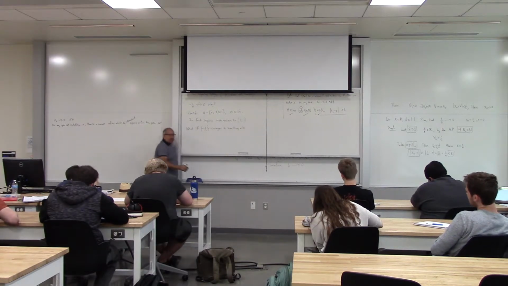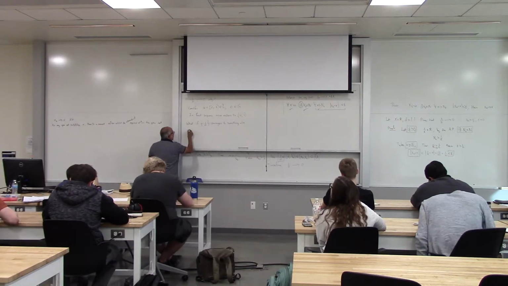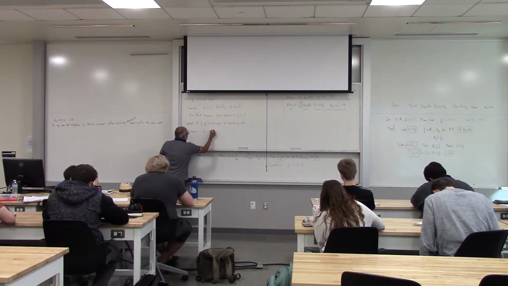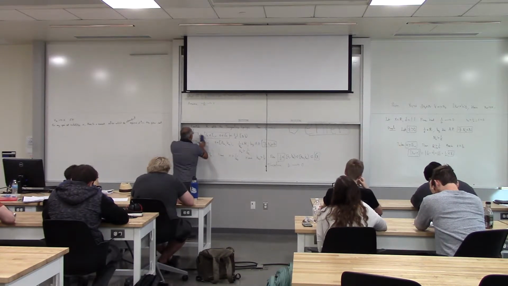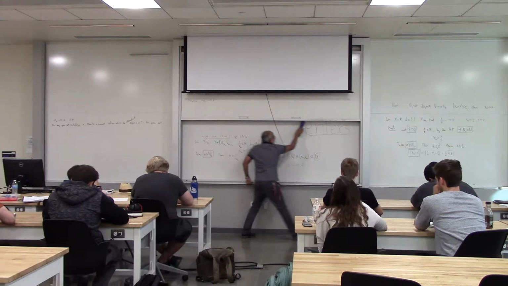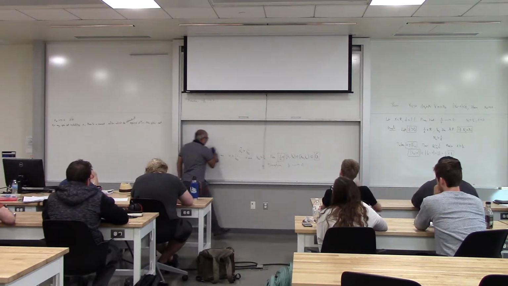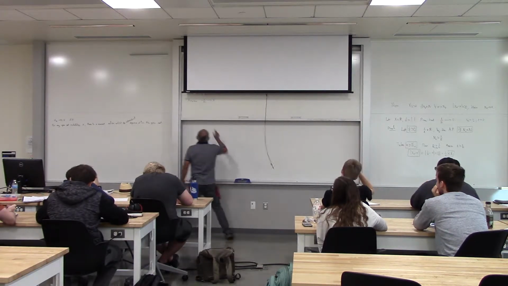Well, that's not true. So there are two cases. So assume negative 1 over n converges to some x. Case 1. Maybe this is a problem from the homework, I'm not sure. Okay, case 1.